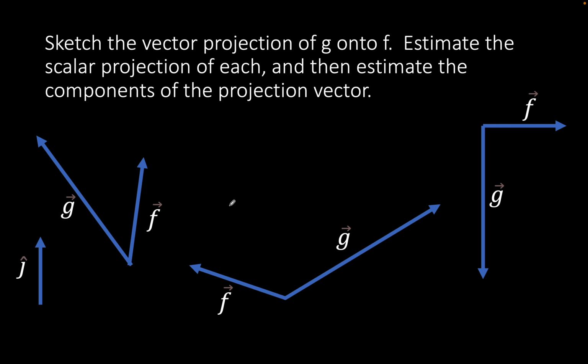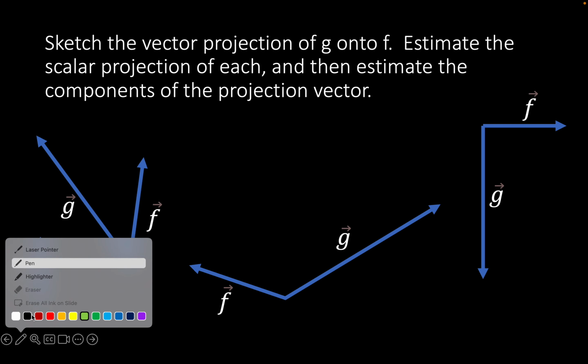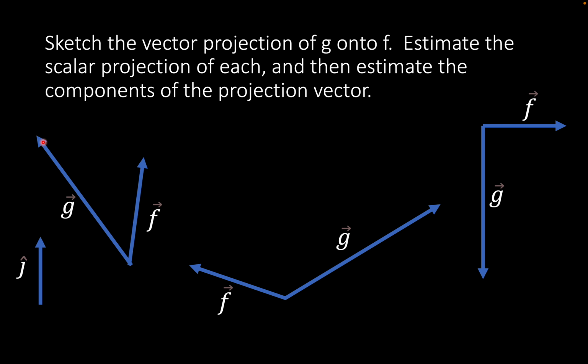So we have vectors G and F. The vectors are of 3 different kinds, and for each G and F you are asked to both sketch the vector projection but also estimate what would be the scalar projection of each when we project G onto F. To give you an idea of scale, this is the standard unit vector J, 0, 1, and so you should use this for reference to guesstimate what would be the components of the scalar projection. Give that a try and then come back for the solutions.